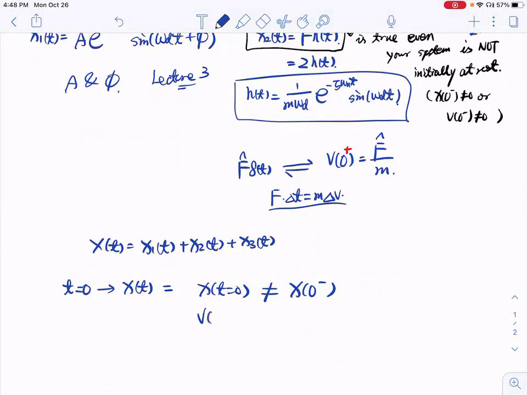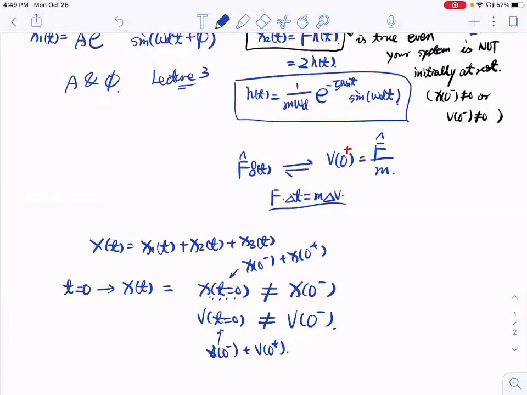And your v(0) won't be the same as v0 minus. Because right now, if you look at the initial condition here, it has both x naught minus and x naught plus in it. Okay, so that's the weird part.